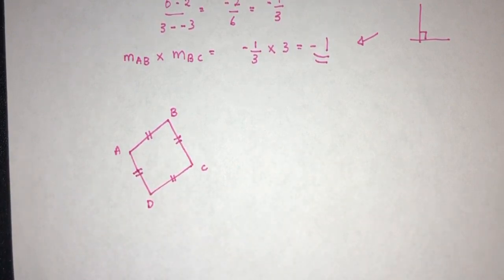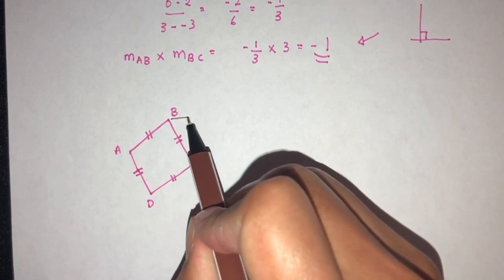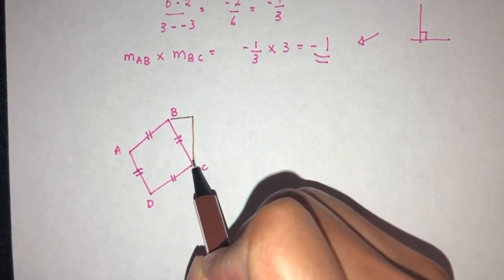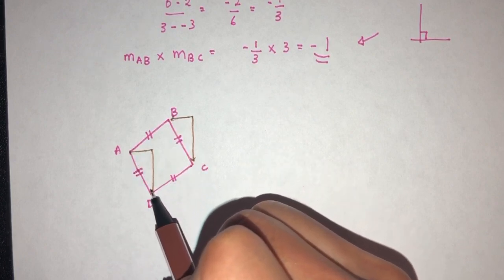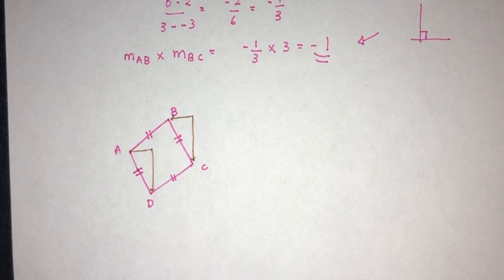Now, we have to find the point D. The idea here is that to find the point D, we can use a vector move, because as we can see, going from B to C has to be the same as going from A to D, because it is of the same length, right?